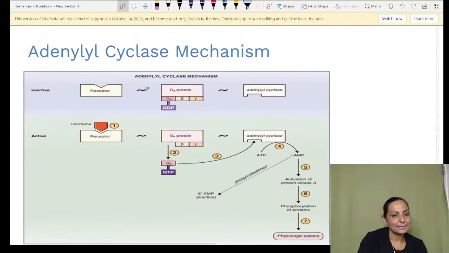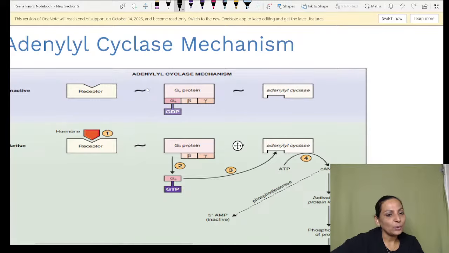So when the hormone is not bound, the receptor is inactive. In the inactive form, what is present is GDP, and alpha, beta, gamma are all present together. As the hormone binds to the receptor, the G protein gets activated.